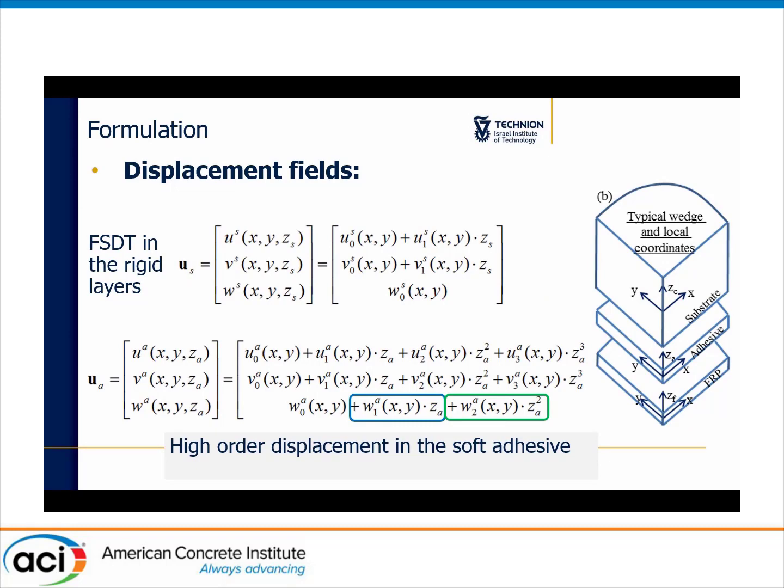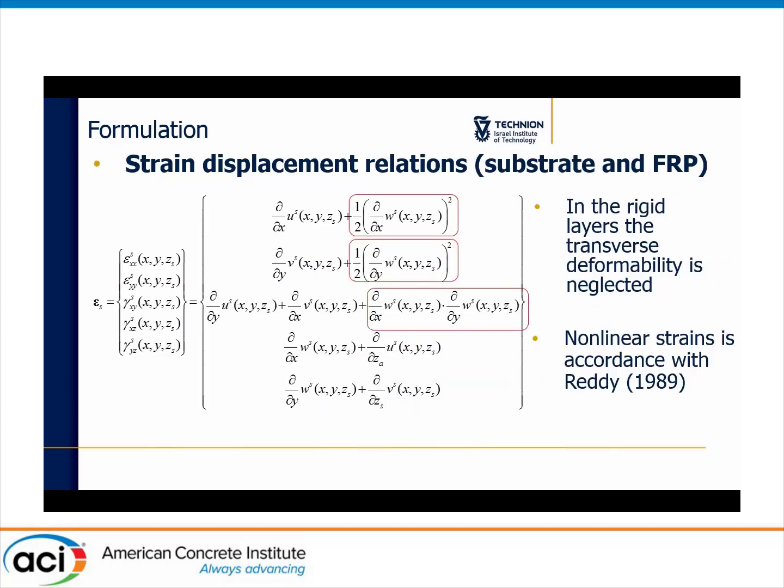And the special thing is that for the adhesive layer, the enhanced displacement field of the high-order modeling is used. These are the strain displacement relations, and nonlinear terms are taken in order to account for buckling of the laminated regions and nonlinear behavior in general, not geometrically nonlinear behavior.